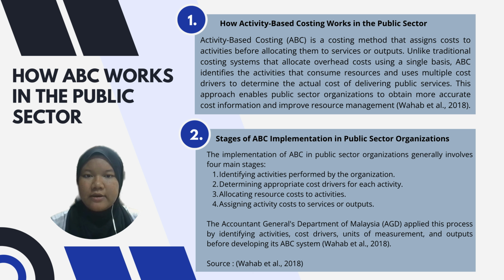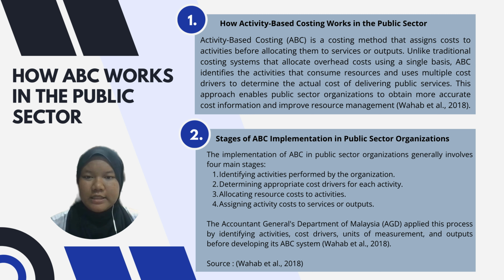Cost drivers are factors that cause costs to occur, such as consultation hours, number of reports, or even the number of transactions. The third stage involves allocating resource costs, including salaries, utilities, and technology expenses to activities. Finally, activity costs are assigned to services or outputs.